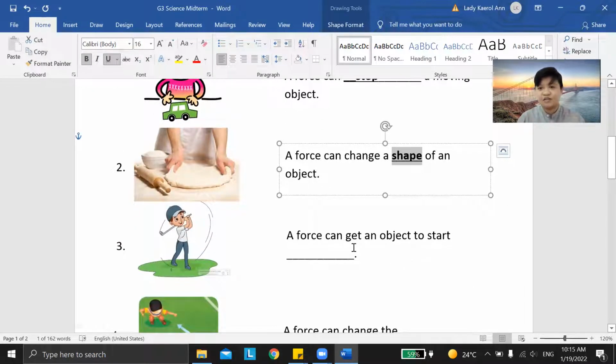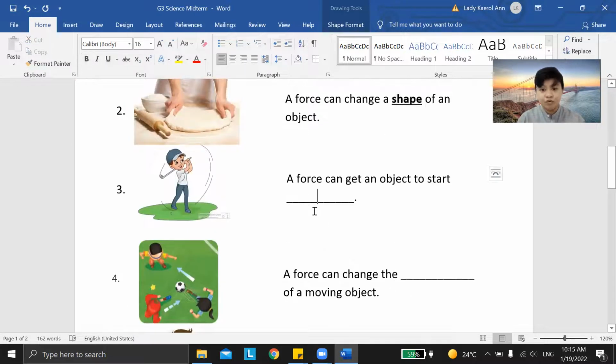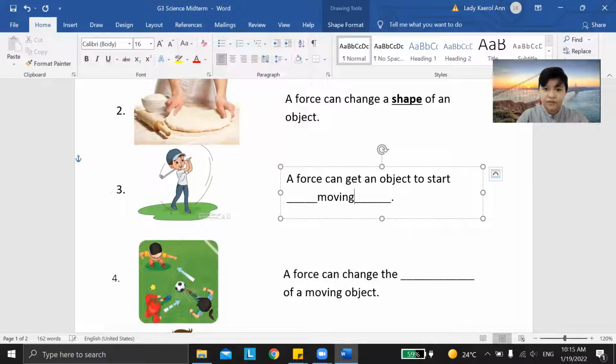I think the answer for this is moving. Because usually when you play golf, the golf ball is not moving at first. But when you apply force, by hitting the golf ball, it begins to move.